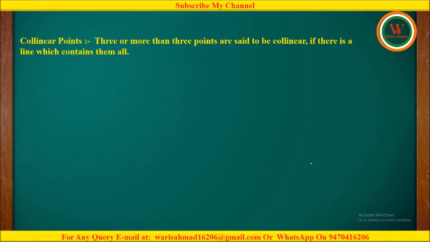Means suppose I have considered point A, second point B and the third point C. If a straight line contains all the 3 points, then we can say that these 3 points are collinear. Since a straight line is passing through these 3 points, hence we can say that points A, B and C are collinear points.